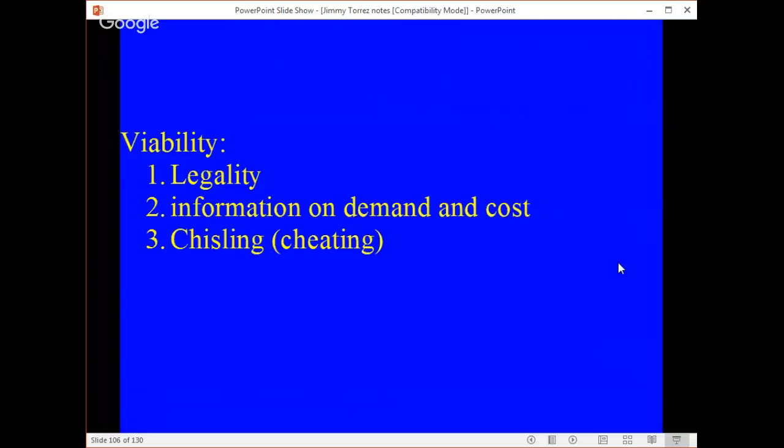And finally, cheating. OPEC was the perfect example in the 70s and especially in the 80s. In the 70s, they were able to raise price quite a bit short term. But by the 80s, there was so much cheating in OPEC that a barrel of oil went down to $10 per barrel.